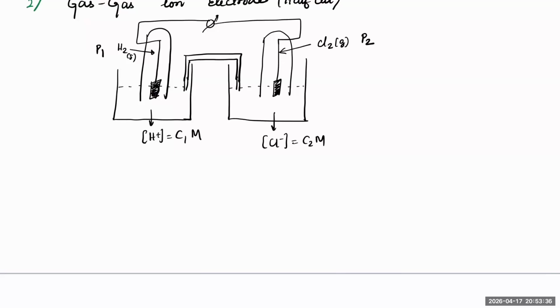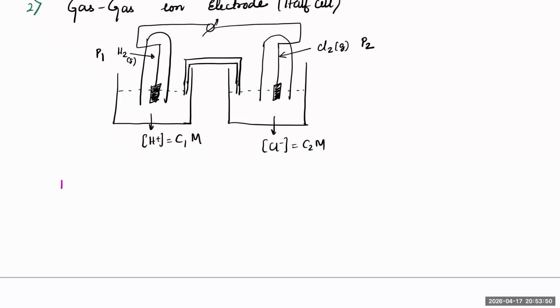Now, this is very interesting because a hydrogen electrode will always have the support of an inert electrode, and the inert electrode is usually platinum. So this is a platinum electrode which you take. So first, how do we write this? We write it as platinum solid, and that platinum solid is in contact with H2 gas.